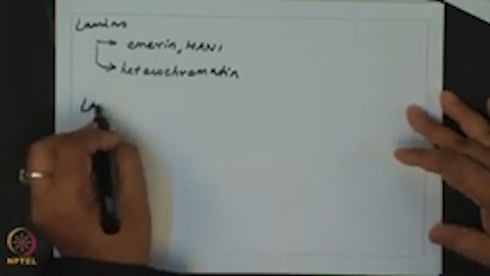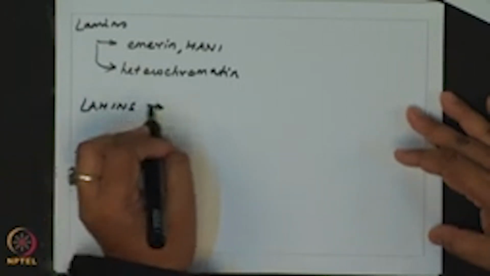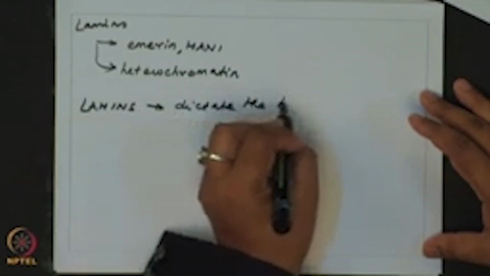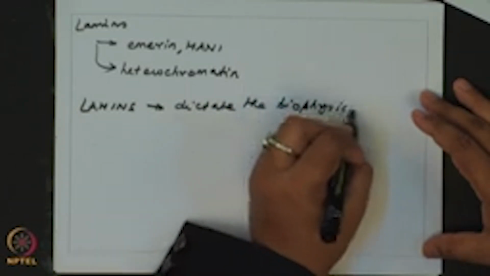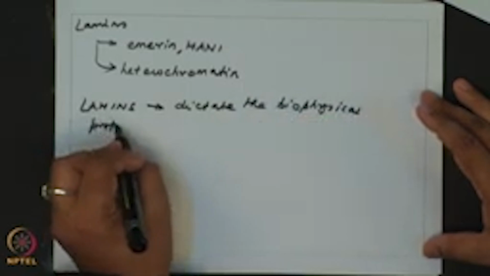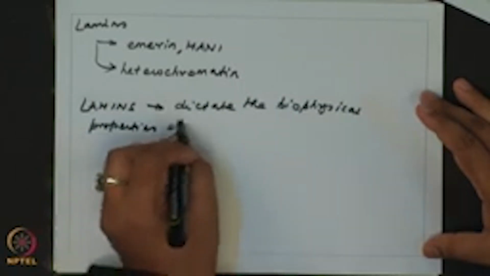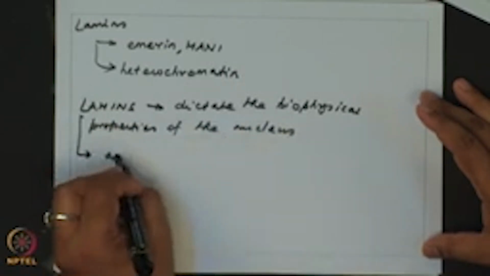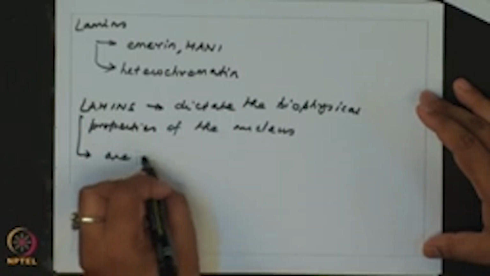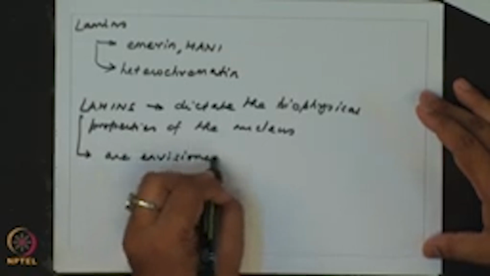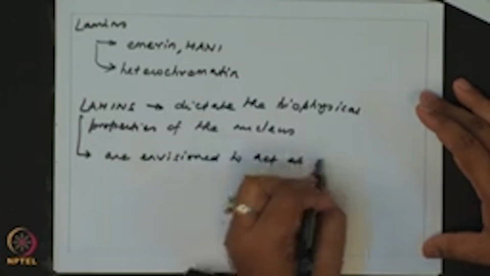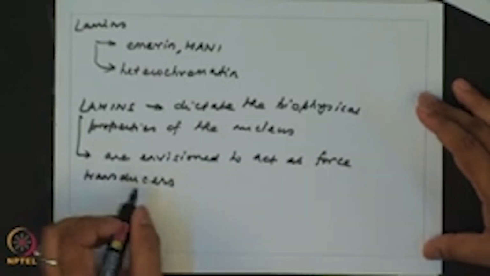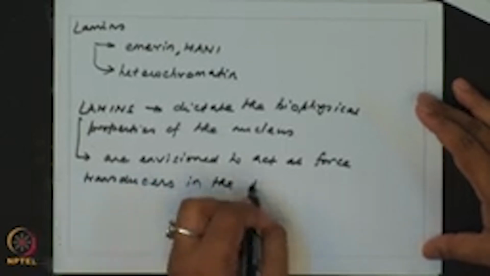Now, lamins, given their structural role, actually dictate the biophysical properties of the nucleus, and it is envisioned that these lamins act as force transducers in the nuclear envelope.